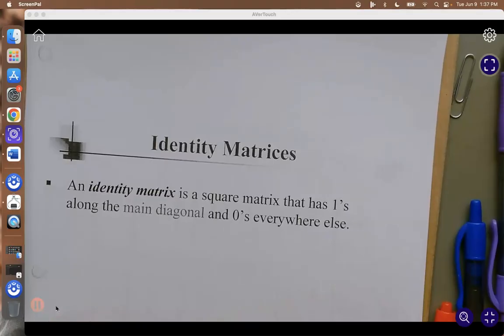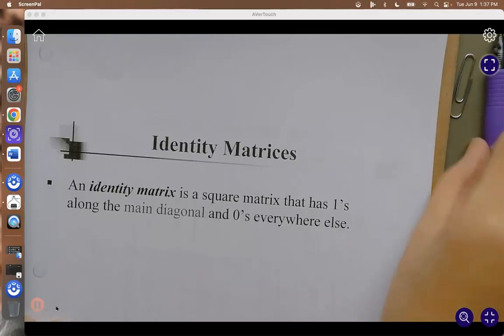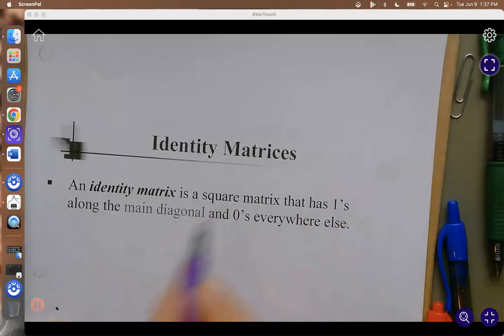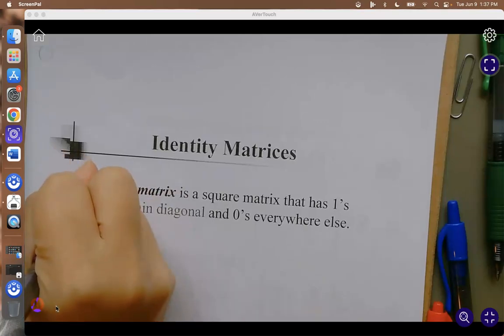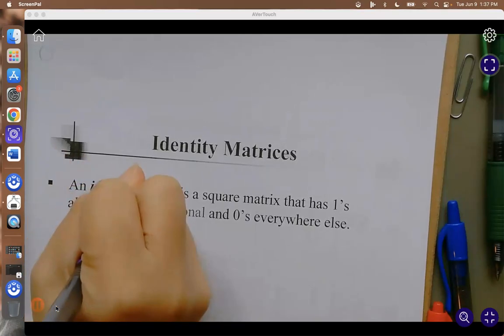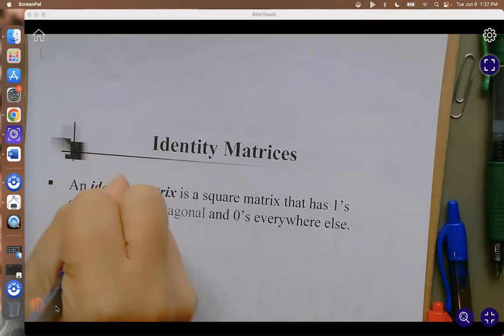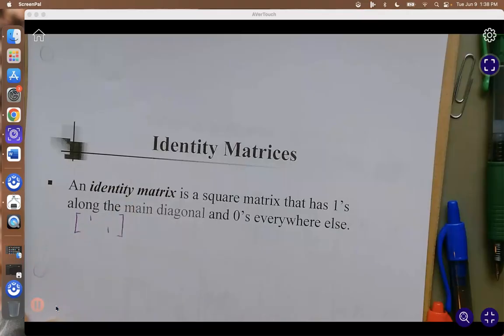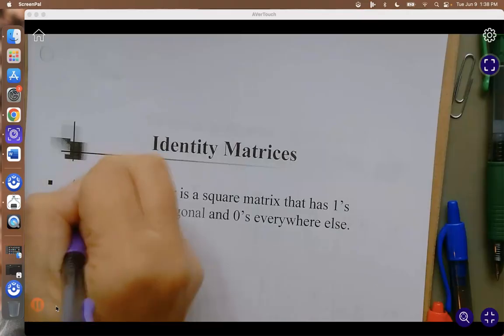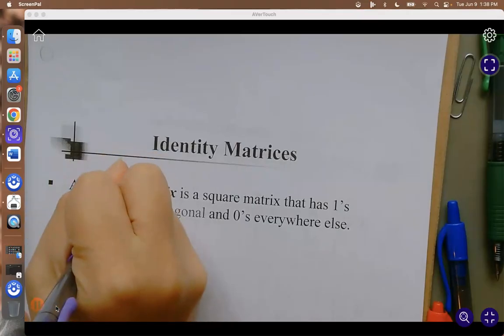An identity matrix is a square matrix that has ones along the main diagonal and zeros everywhere else. The main square matrices that we're looking at are a 2 by 2 and a 3 by 3. I'm not going to give you any bigger matrix than that. So the main diagonal would be the one that you multiply first, and zeros everywhere else.